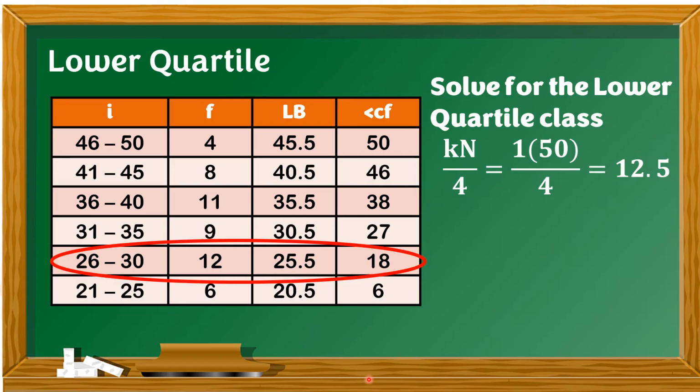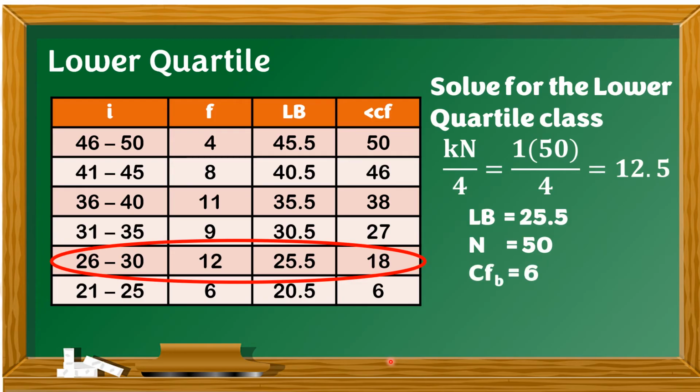Next, we're going to determine the lower boundary. The lower boundary of the lower quartile class is 25.5. The value of n is 50, that is the total of the frequency.